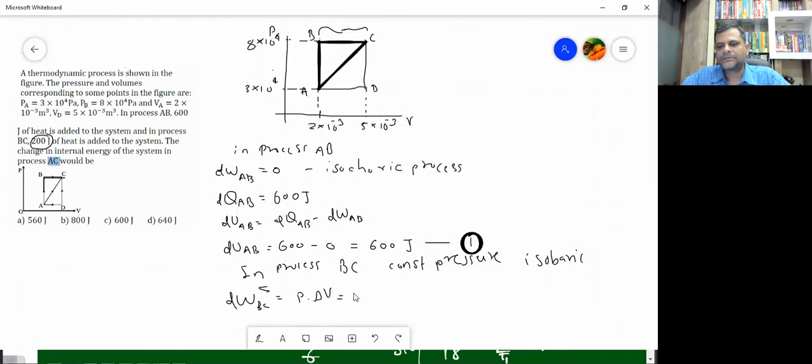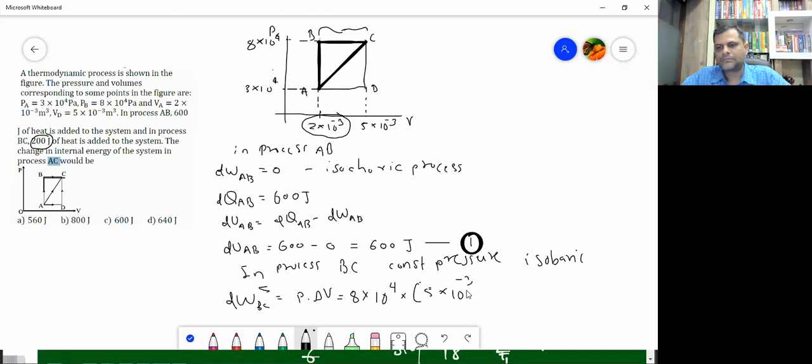So pressure के बदले यहाँ पे आ गया 8 into 10 raised to 4, and volume change मतलब V2 minus V1. तो V2 मतलब क्या? ये VD जो कि 5 into 10 raised to minus 3 दिया हुआ है यहाँ पे, और V1 मतलब ये VA which is 2 into 10 raised to minus 3 given here. So if we just subtract this, 5 into 10 raised to minus 3 minus 2 into 10 raised to minus 3.